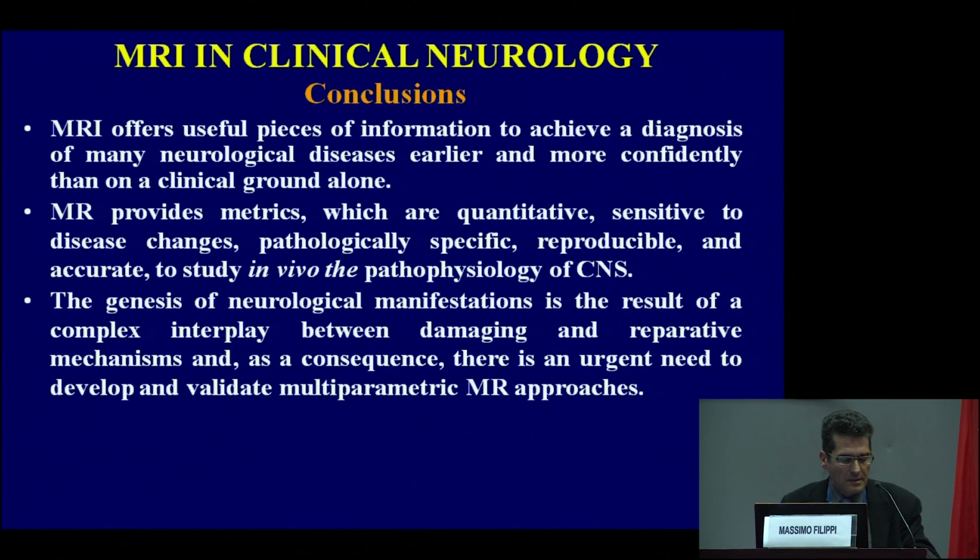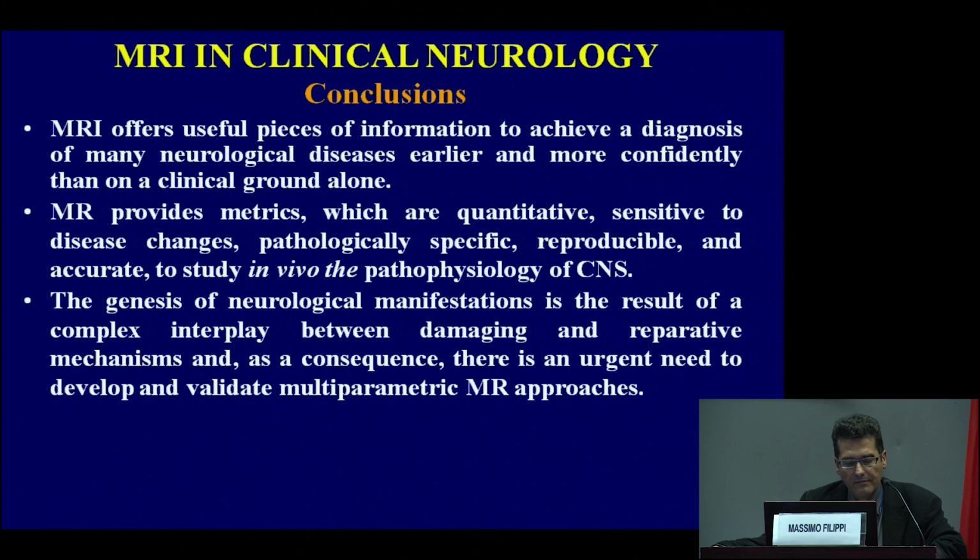Finally, we got to the point that the genesis and the onset of many neurological manifestations is not just a mere result of tissue damage, but rather a consequence of a complex interplay between damaging and reparative mechanisms. And so there is an urgent need to develop and validate multiparametric MR approaches to assess these different factors.